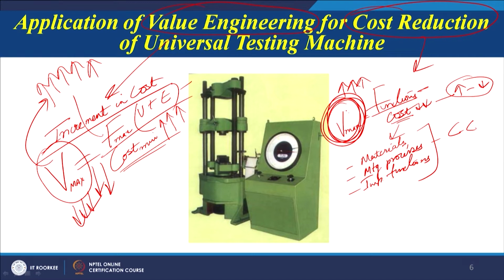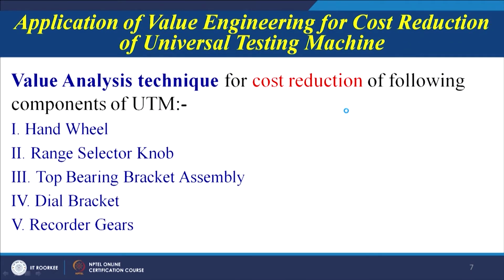Now, let us take this example of a universal testing machine which has been published. The source is given at the end of the presentation. So, the application of value engineering for cost reduction of universal testing machine. The value analysis technique is used for cost reduction of the following components of UTM: hand wheel, range selector knob, top bearing bracket assembly, dial bracket recording.